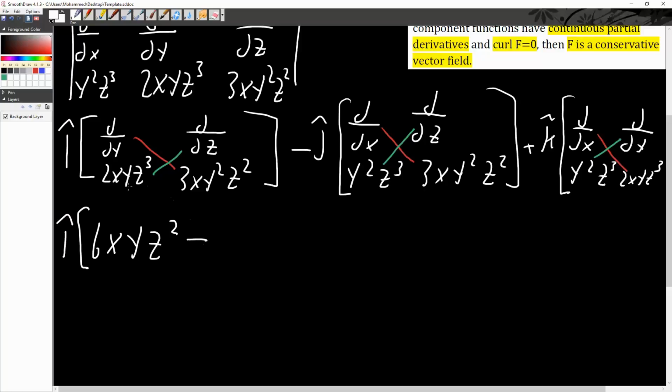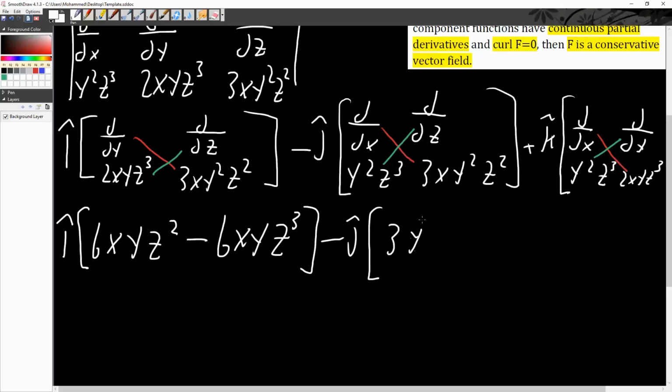Minus the partial derivative of this in terms of z, so we would get 6xyz cubed. Then we do minus j. We do the exact same thing. So the partial derivative of this in terms of x, and we would get 3y squared z squared, minus the partial derivative of this in terms of z. So we get 3y squared z squared.